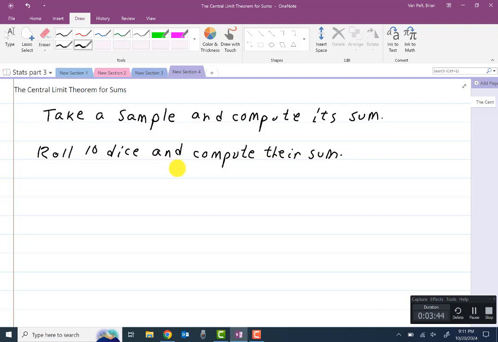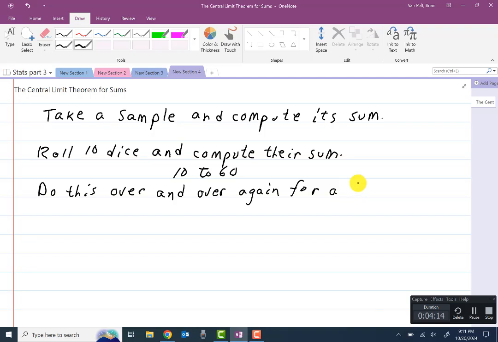So the sum will be anywhere from 10 to 60. And you repeatedly do this over and over again, for a total of 100 times.